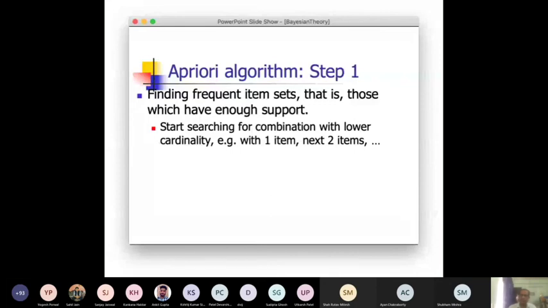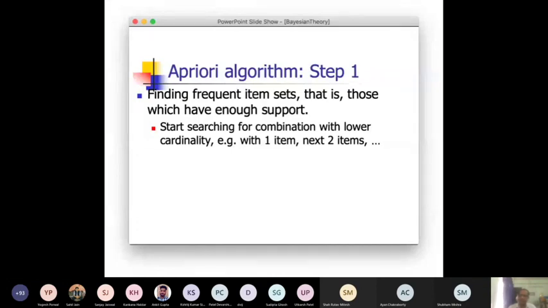That means start with, say, 2 items, and if you find frequent occurrences of these 2 items, then you try to increase the set with another additional item. Only for those 2 items which have occurred a significant number of times do you extend them. Otherwise, those items which are not occurring significantly, you just discard them.